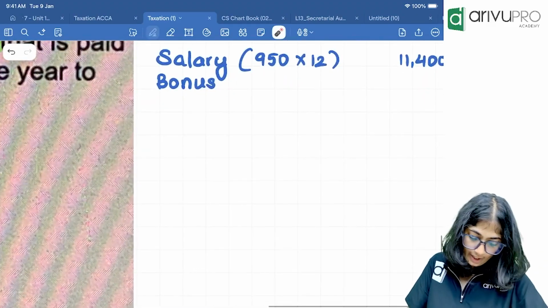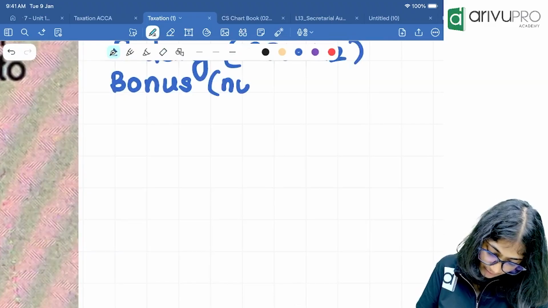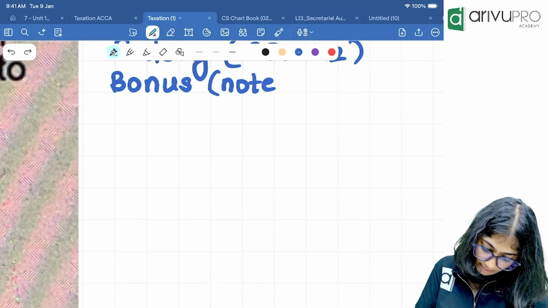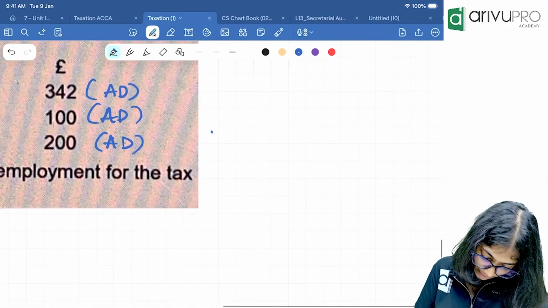For an employee, let's put a note. Note 1. At the end, I'm going to put a note over here.